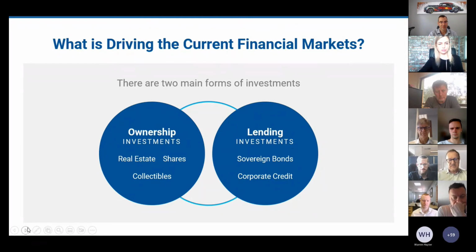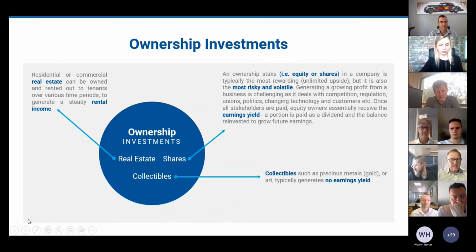Under lending investments, we've broadly categorized them as sovereign bonds and corporate credit. And if we look at examples of each one of these, we understand this, so this is not new to any of us, but I think it's important to try and understand the lie of the land and see where we are now.